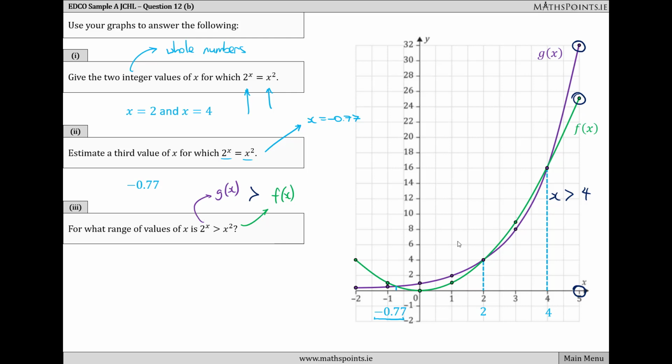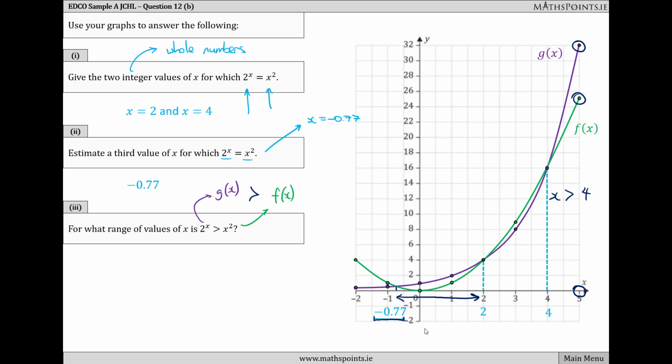Where else is the purple line higher than the green line? Well, we can see from -0.77 as far as 2, the purple line is higher than the green line, meaning that the g of x values are higher than the f of x values for x numbers from -0.77 as far as 2.